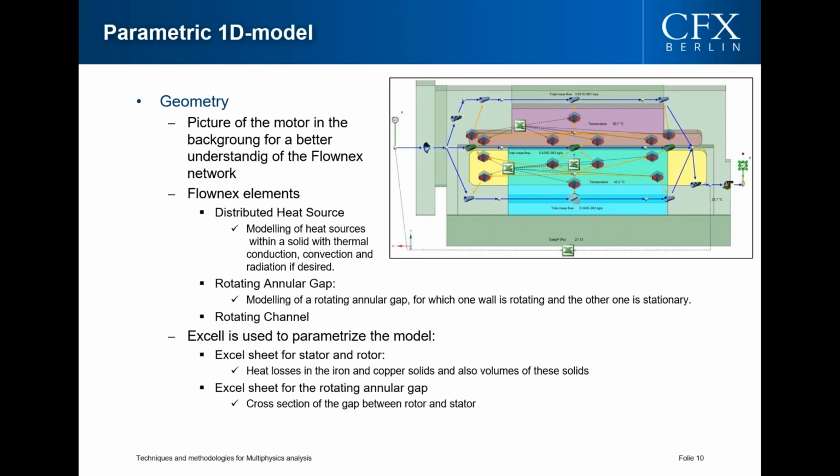And you can also define the cross section of the gap between rotor and stator. So it means if you want to have a new model, you just have to change a few numbers in the Excel sheets, and then you can compute the new solution. As you can see, you have something like 20 components only, so it's quite fast to do this model.